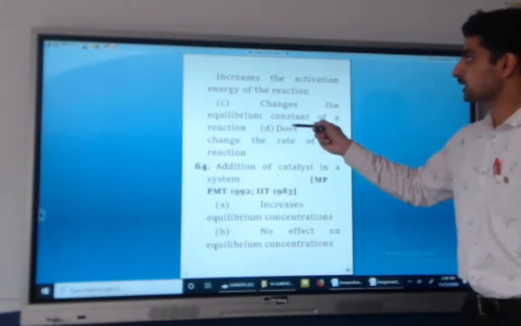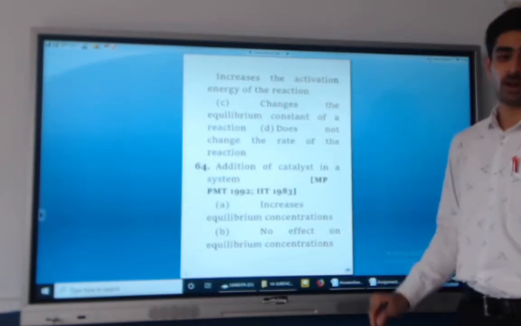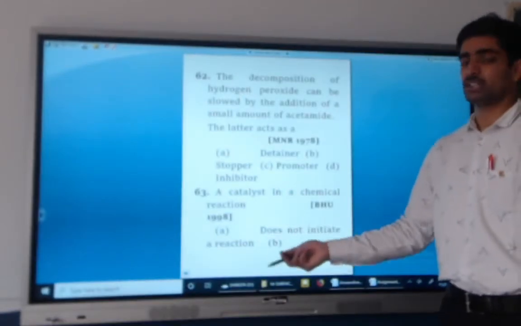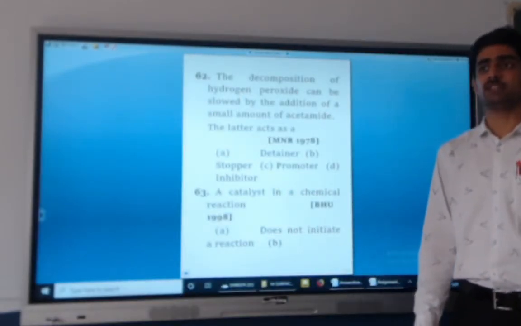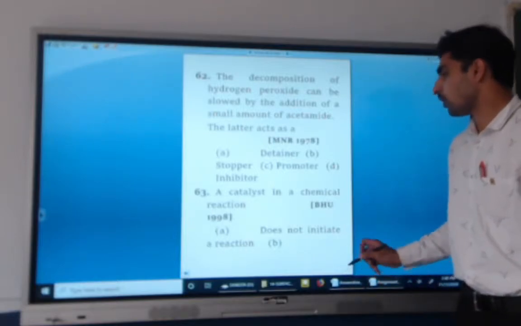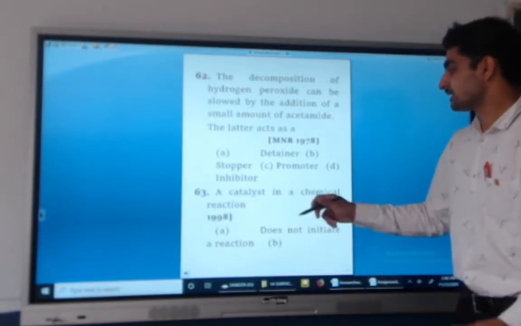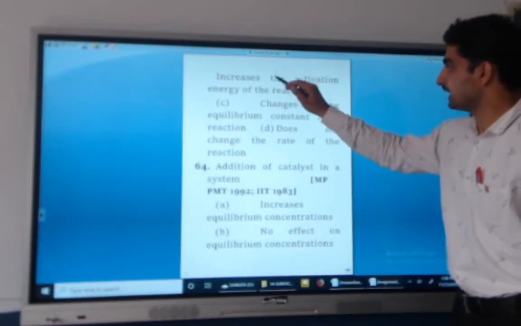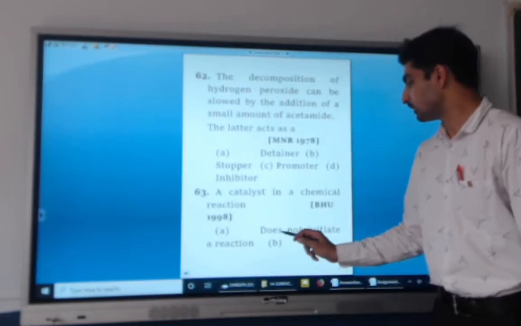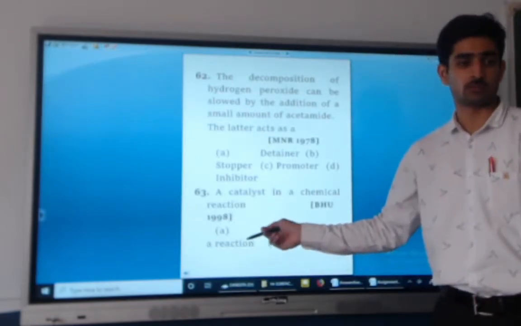The answer is that it does not initiate a reaction. A catalyst does not initiate the reaction. Options B to D are things a catalyst can do, but it can't do this, so I am going to remove this option.